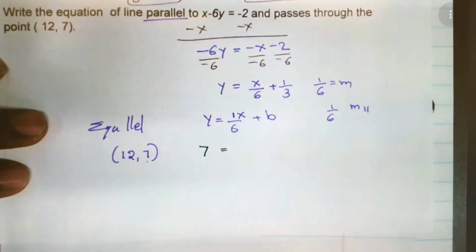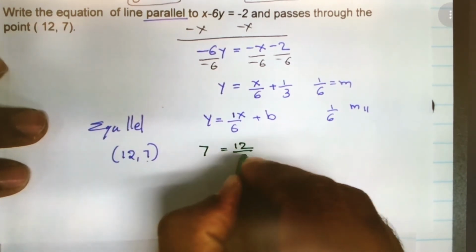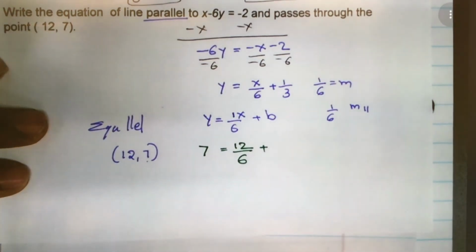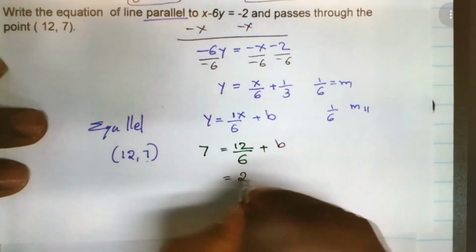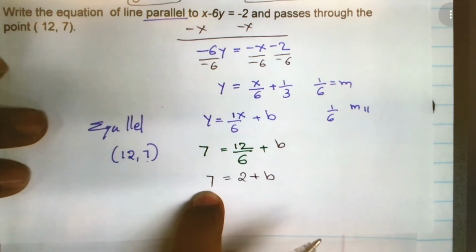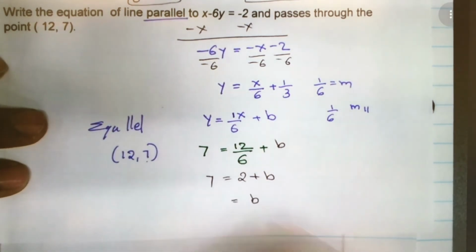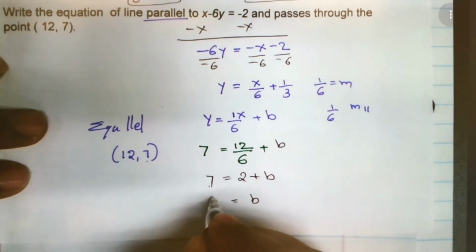So 7 is equal to 12 over 6 plus b. 12 divided by 6 is 2, plus b is equal to 7. Now I have to subtract 2 from both sides to solve for b. So b is equal to 7 minus 2, which is 5.